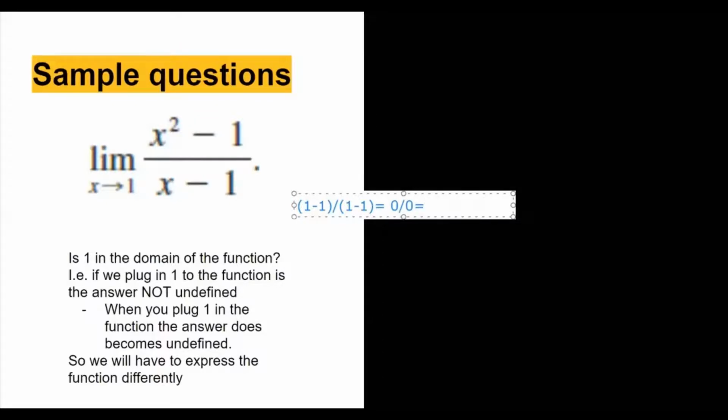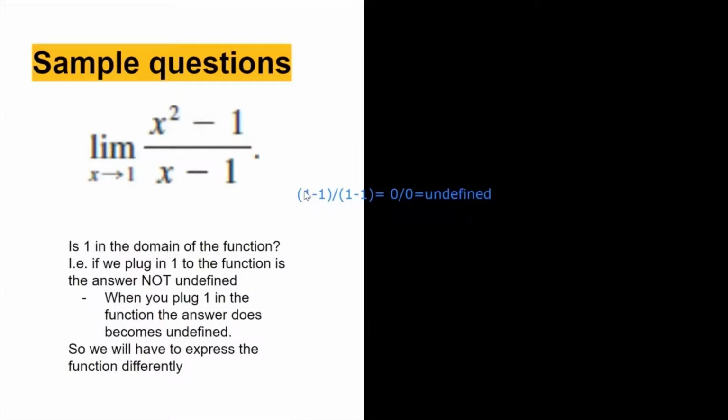So that is undefined. When it is undefined, we can say that this value does not lie in the domain of the function. When it does not exist in the domain of the function, we have to change the function in a specific way to give us a different formula, which will lead to some result for the limit.